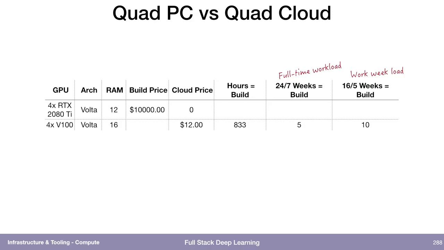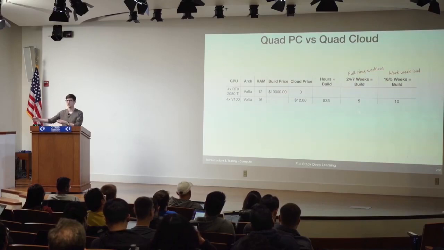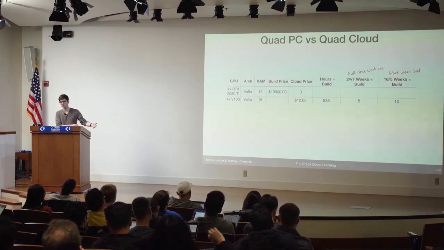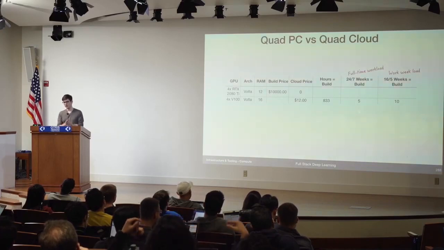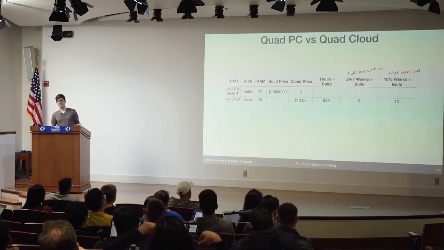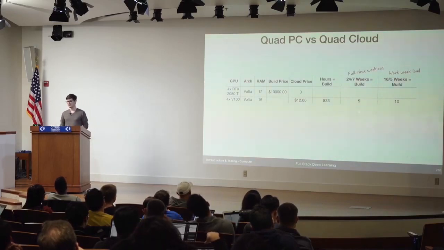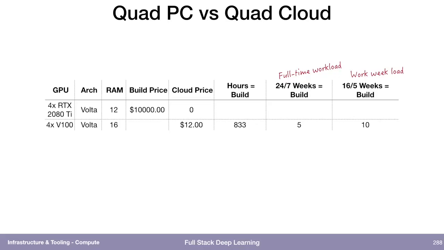If we look at the number of hours it takes to pay the cloud provider as much as we would have spent to just own it forever, the number of hours is 833, which, if you run 24/7, is 5 weeks. So you could say it'll pay for itself in a month, so we should definitely build our own. But I don't think you'll run 24/7. That's very high. But maybe all the hours you spend working, you're running at least one model. I call that the 16/5 workload.